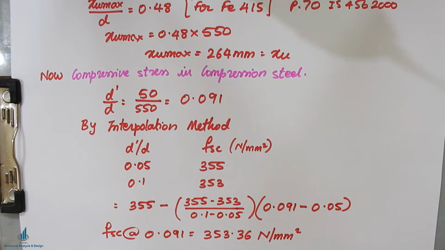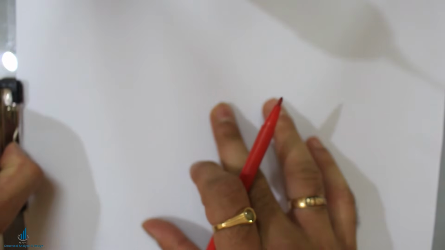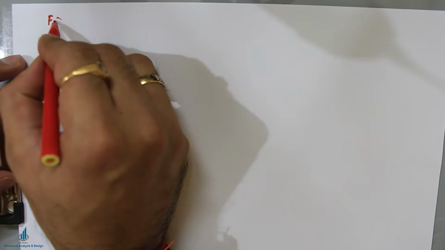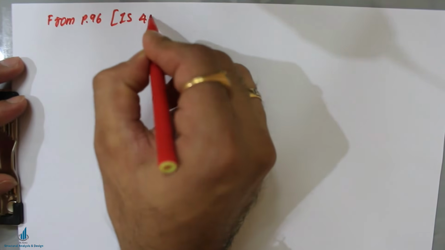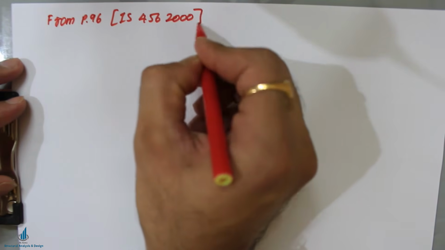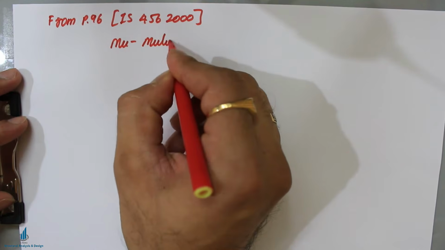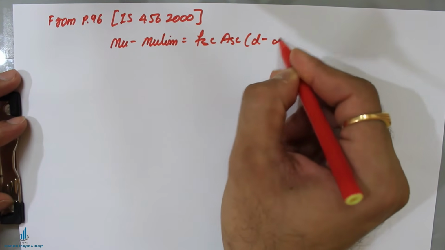So from page number 96, IS 456 2000 says Mu minus Mu limit equals fsc Asc (d minus d dash).